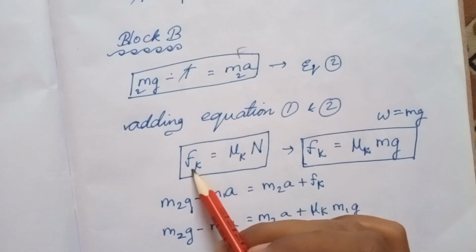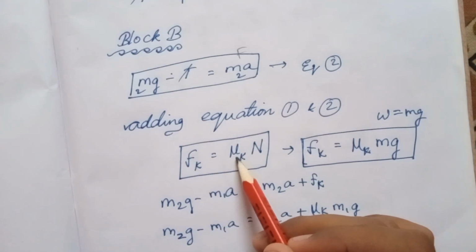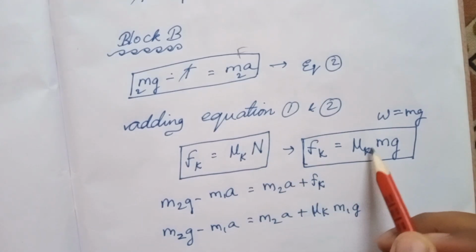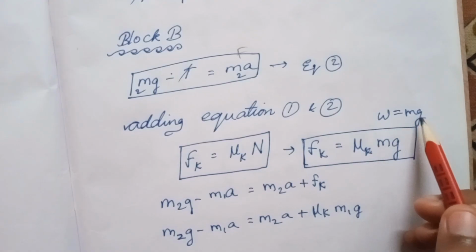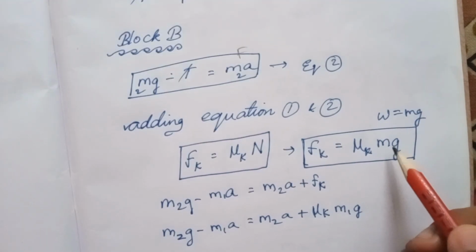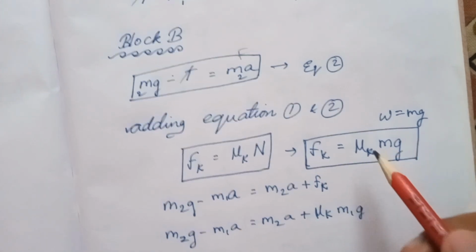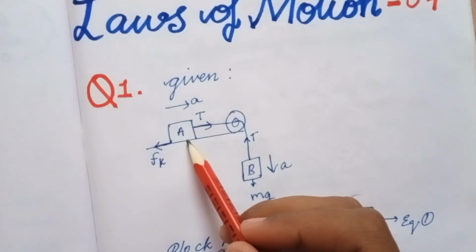Now the formula for kinetic friction is equal to the coefficient of kinetic friction times the normal force. So here the normal force is equal to W, the weight, which is mg. So the normal force is equal to mg. Why is the normal force equal to mg in this case? Here the vertical acceleration is equal to 0.